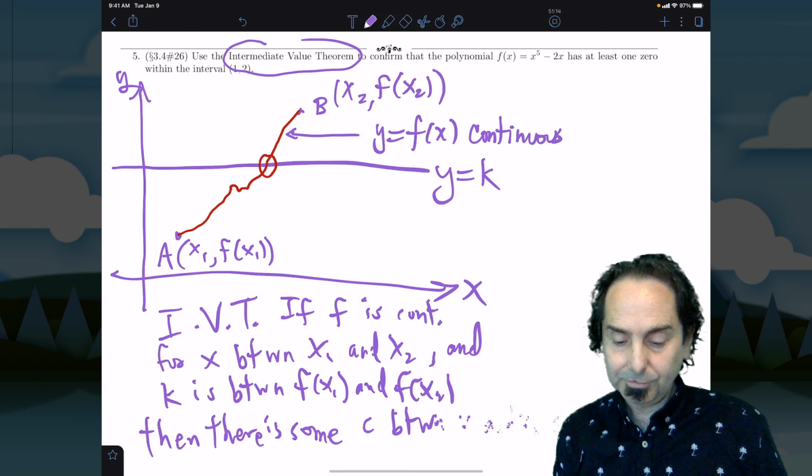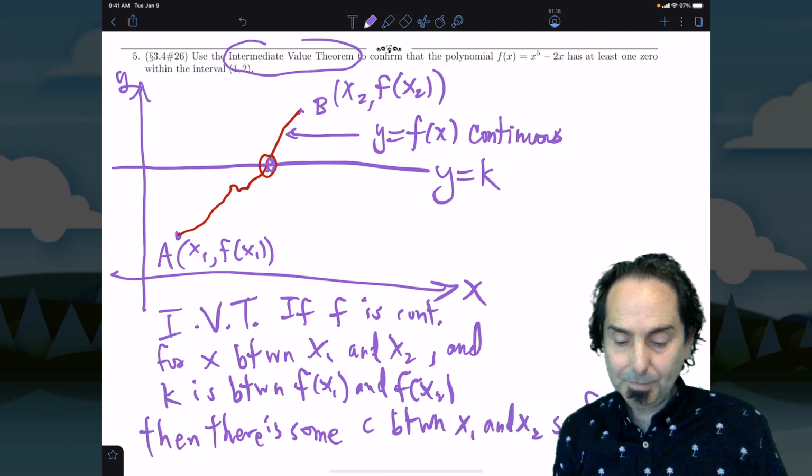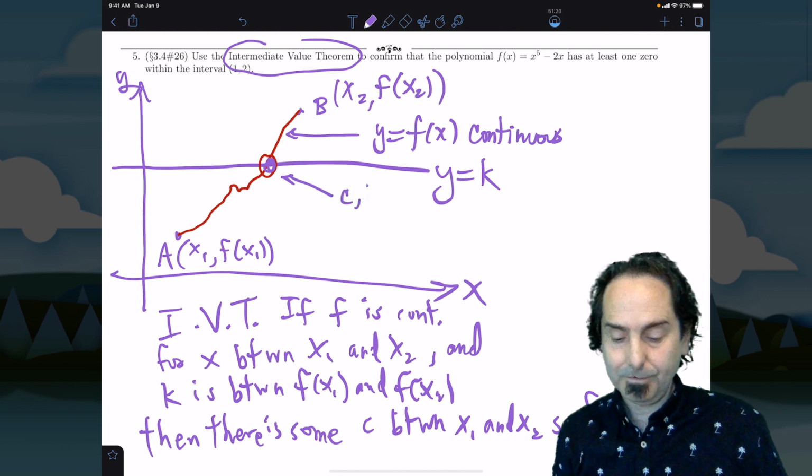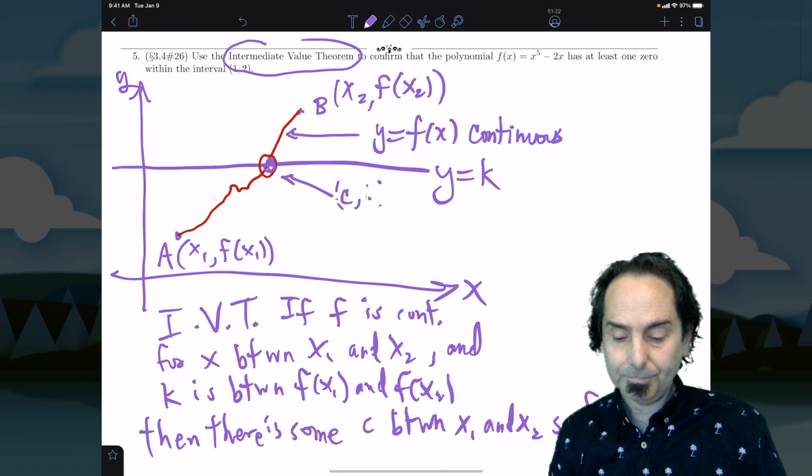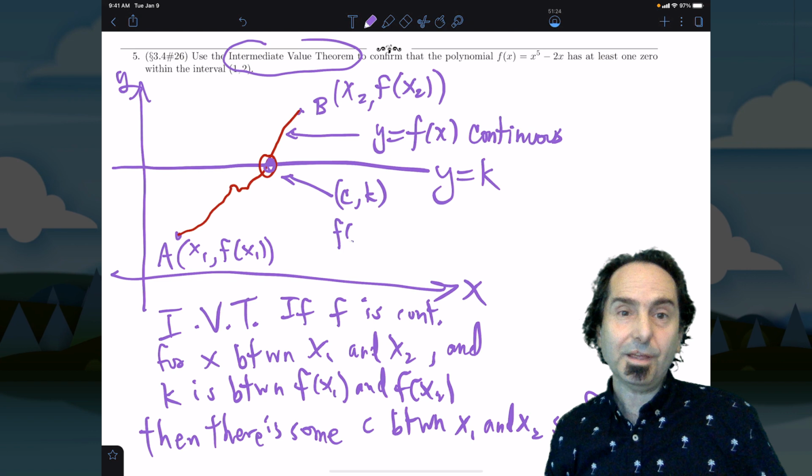And so if here's that point, that's going to be c comma k, which just means that f of c, if the input is c, the output is k. Okay, that's all that it says.